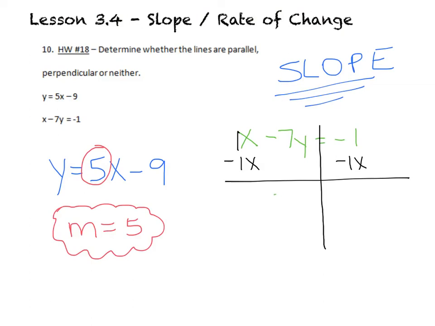And we're left with negative 7y equals negative 1 minus 1x. We need to divide by negative 7. Remember, divide everything by negative 7.